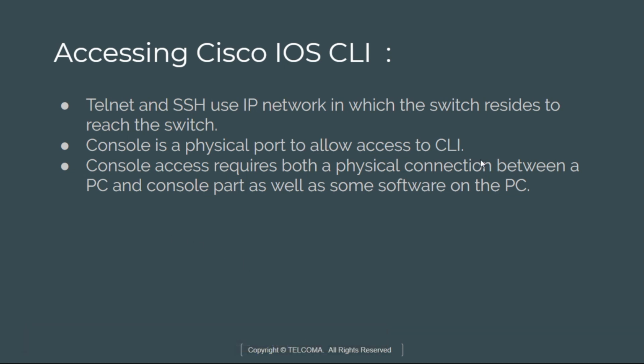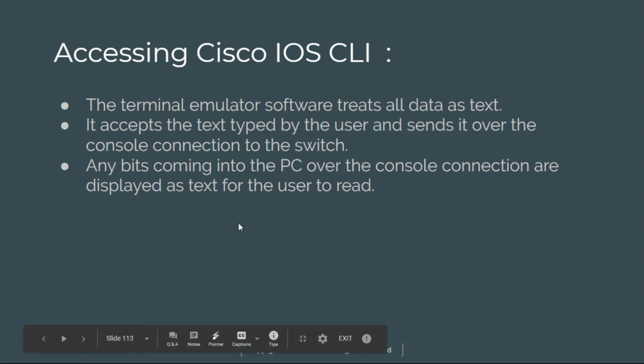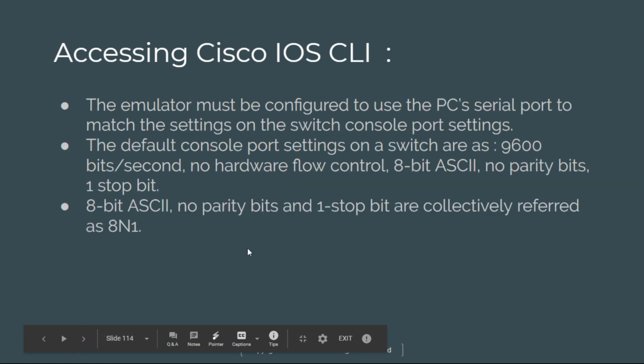So console is a physical port. Console requires both a physical connection to the PC as well as some software. The terminal software treats all data as text. It accepts the text and sends it over the console. Any bits coming into the PC over the console connection are displayed as text.